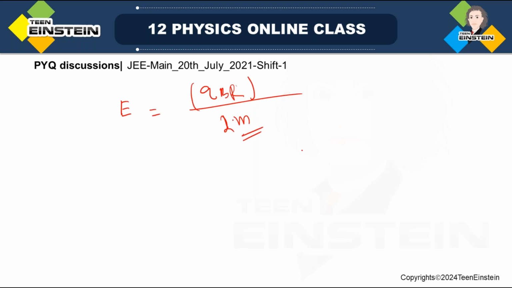If we put all the values, B is 5 into 10 to the power minus 4. Then this q is the charge of electron. This is B, the magnetic field given, and r is the radius given. So then we'll get this energy equal to 1.89 eV.